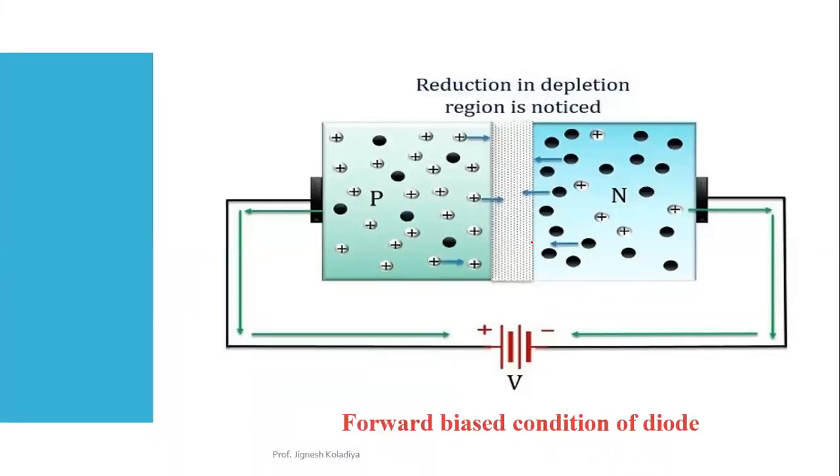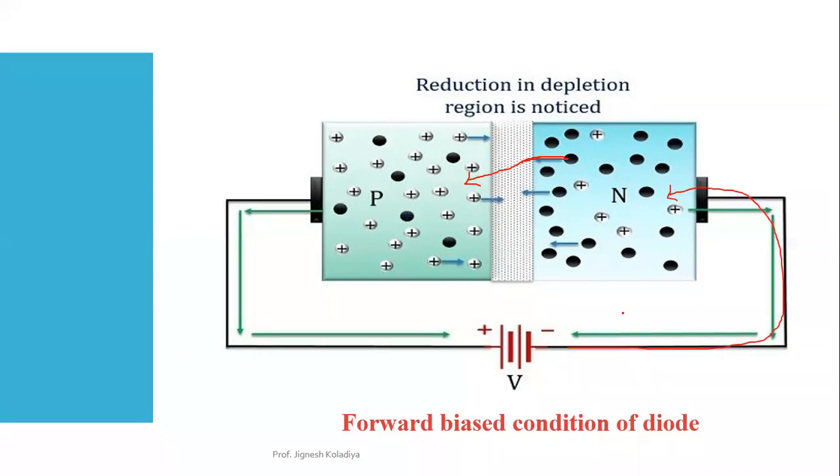As the width of the depletion region is reduced, there is a high chance for the electron to cross this N to P region, right? Now suppose this electron has high kinetic energy and is able to cross it. It will immediately get attracted to the positive terminal, and then again here it is repelled because of the negative.